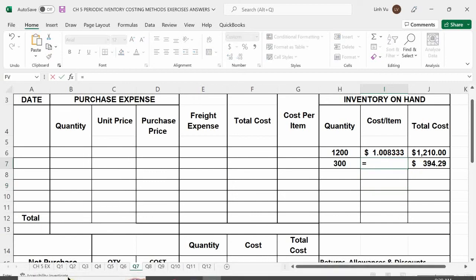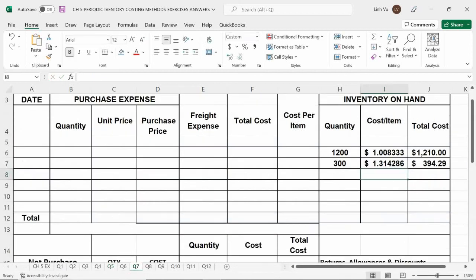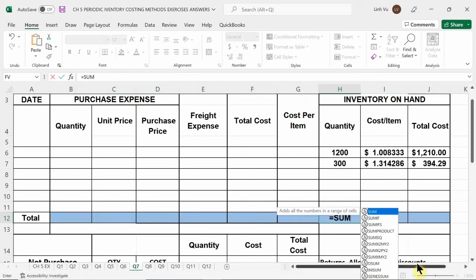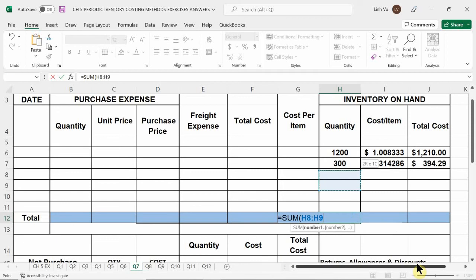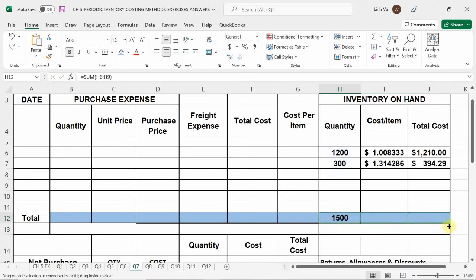Maybe I should go back to that exact one. And I'm going to also tally up my total here down below. Okay, so equal sum here of my 1,500 units at a grand total of 1,604.29.